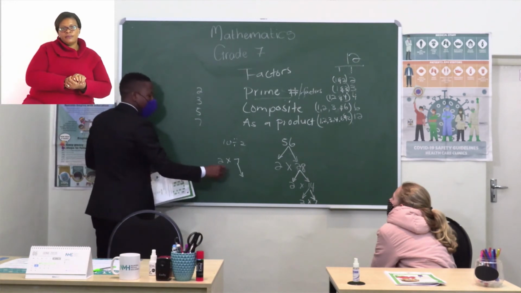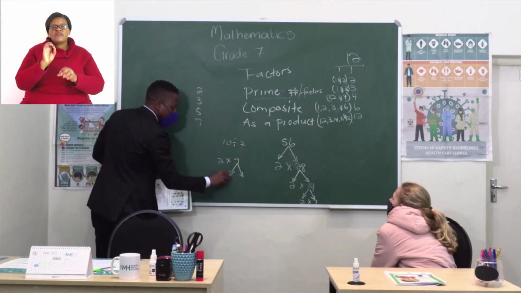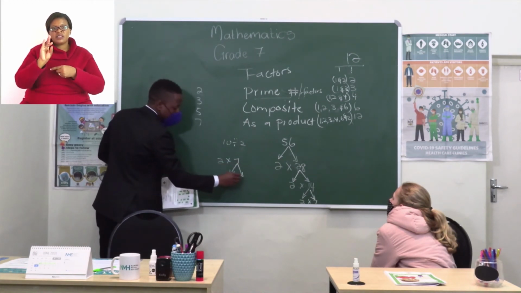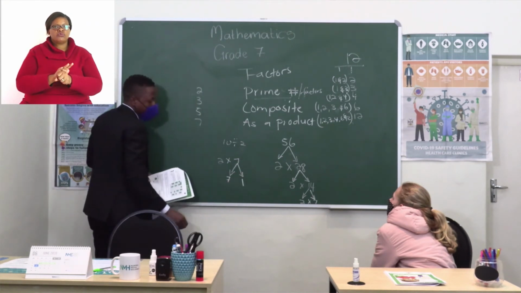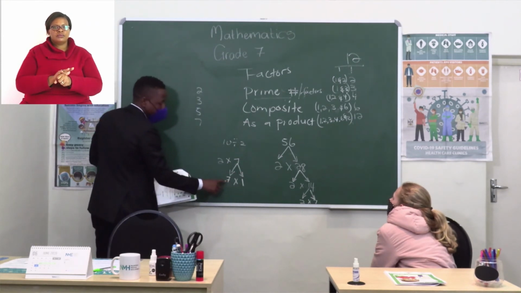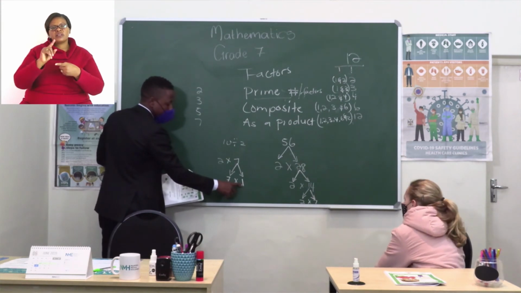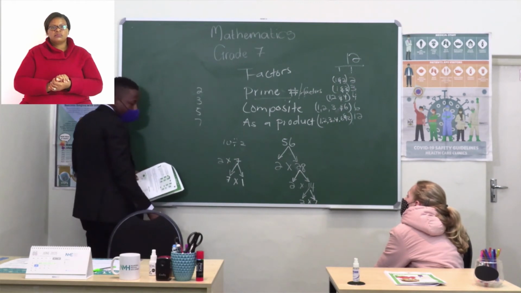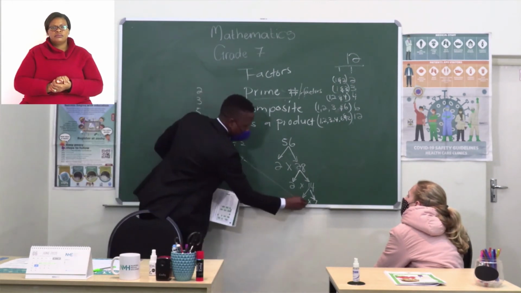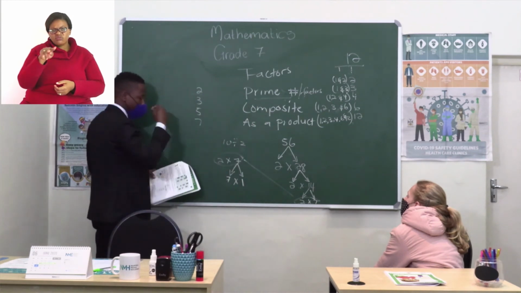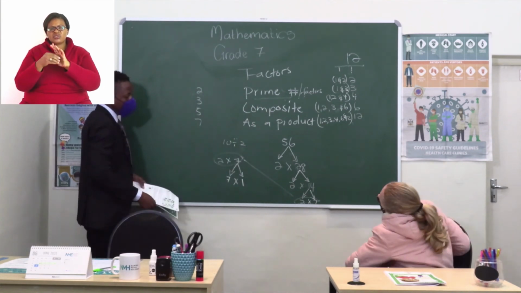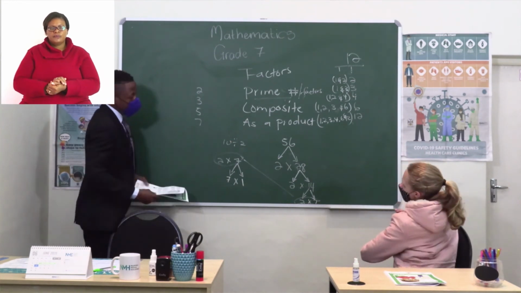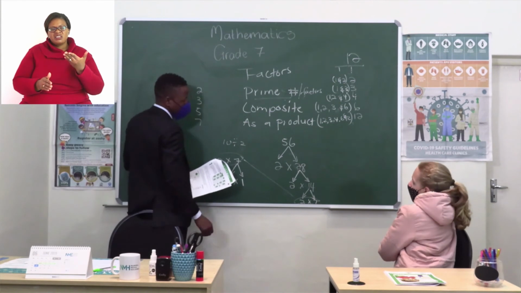So if I divide with 7, 7 goes into 7 one time. And if I multiply 7 times 1, I'll get 7. So this is just the same as that. I just wrote it because you need to see how you have to go down. So this is a method which is called a factor tree.